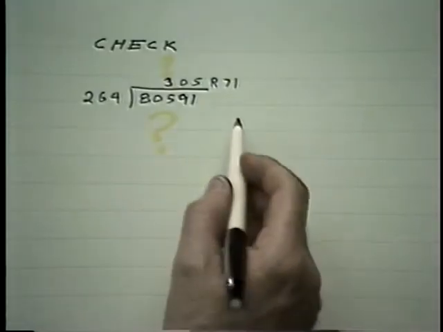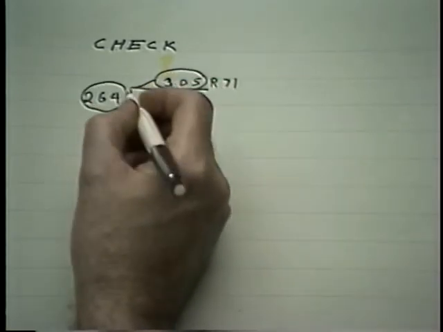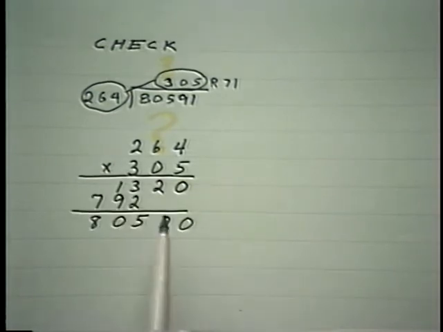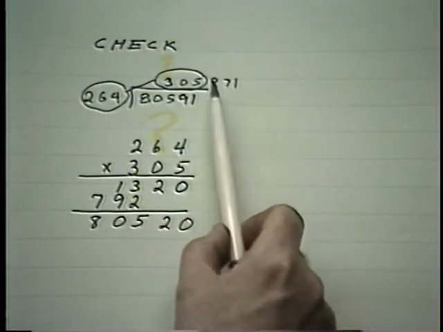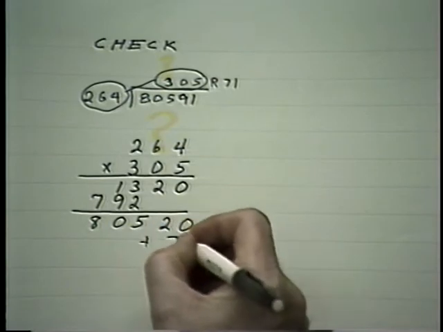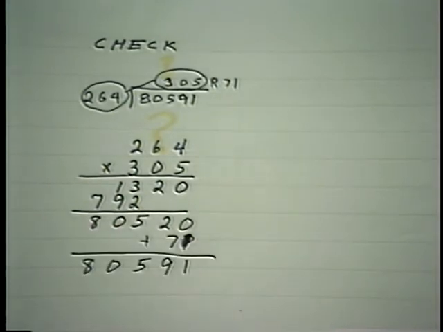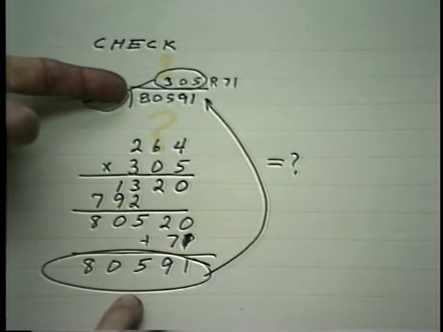So to form the check of a division problem, you will multiply these two, and to the product, which certainly is not equal to that, we add the remainder, 71. And ask if the answer is equal to the dividend. And if it is, you were correct.